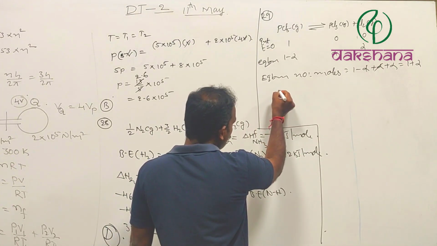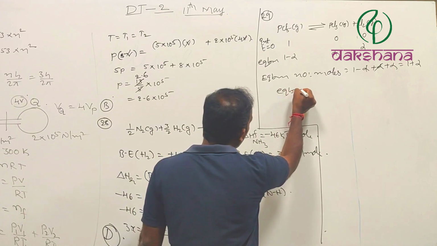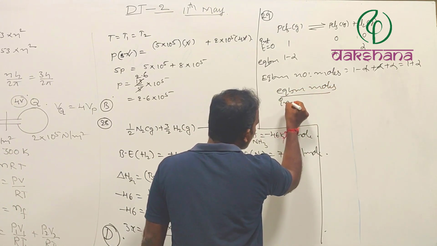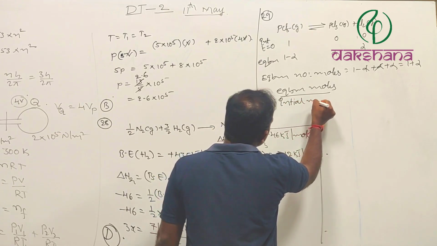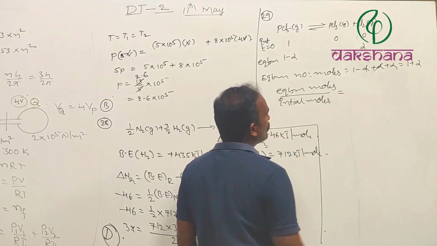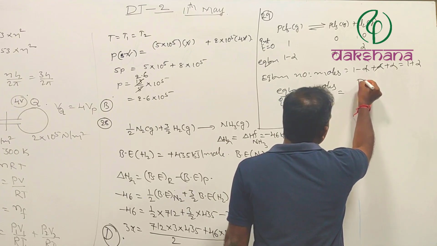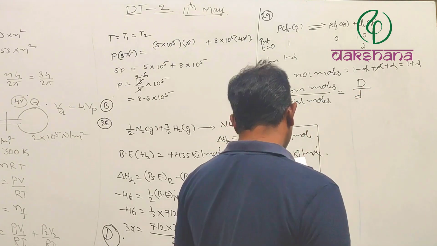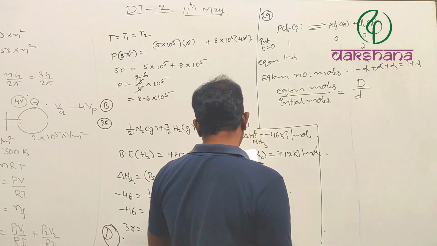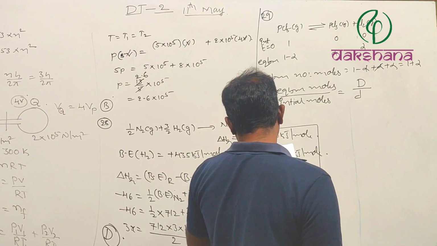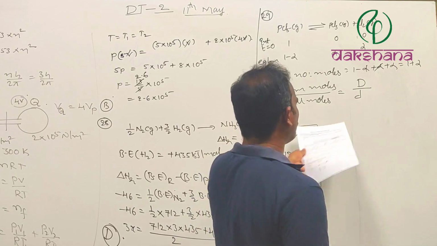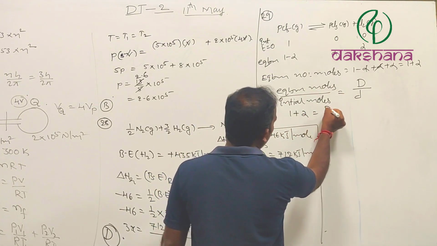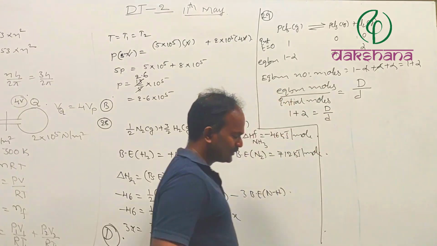Now equilibrium moles divided by initial moles is equal to initial density divided by equilibrium density. Initial density is given as capital D, and equilibrium mixture vapor density is given as small d. So 1 plus alpha is equal to capital D divided by small d.